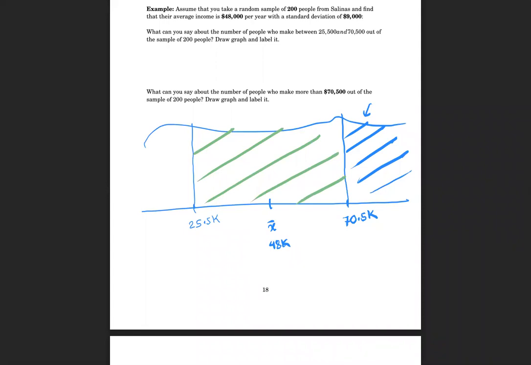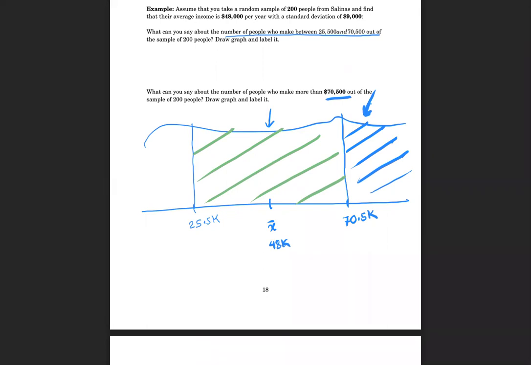Because last time the question was, what can you say about the number of people who make between 25,500 and 70,500, which would be this. Now, what can you say about the number of people who make more than 70,500? So I am interested in this blue shaded region to the right.